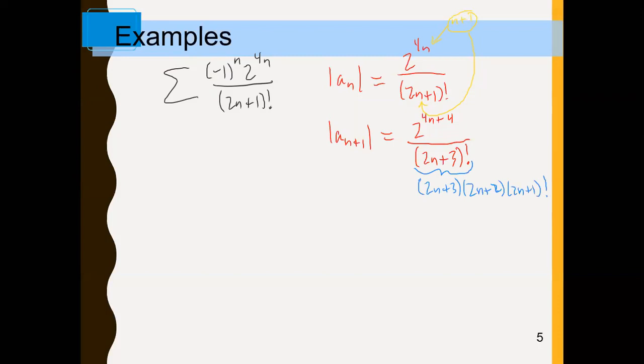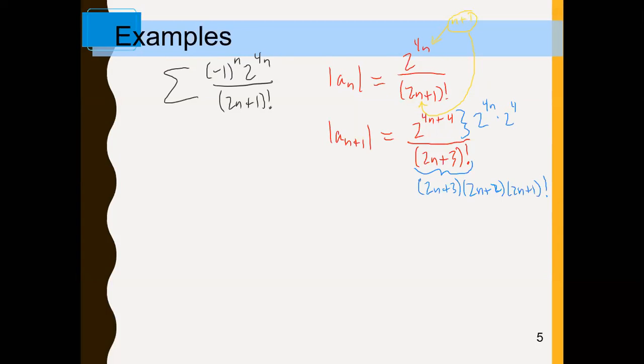And what about the top right here? What is that? I want to think about it in terms of what was true about a_n. That's 2 to the 4n times 2 to the what? You see what I'm saying?